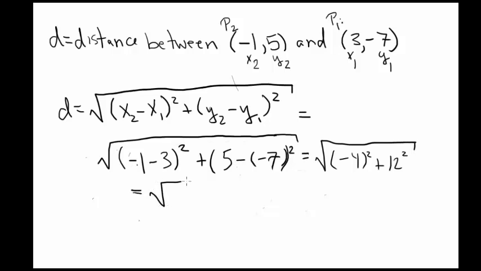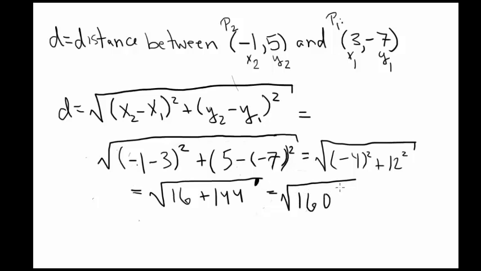But you know, that still just gives us 16 plus 144. Then take the positive square root so that we get the square root of 160, which is 4 times the square root of 10.